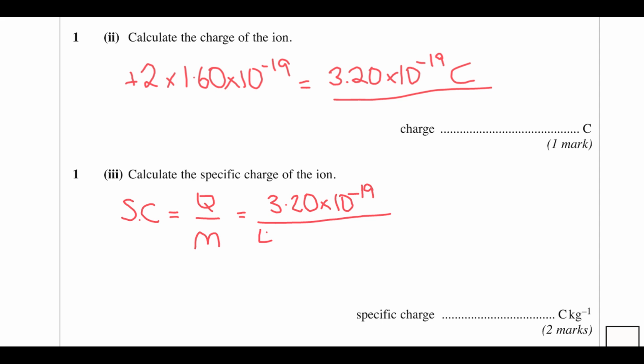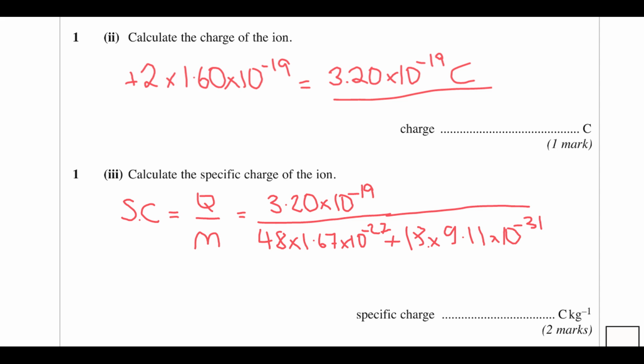So there were 48 nucleons, minus 27, and there were 18 electrons, which quite frankly is not going to make any difference to the mass, given that they're like 20,000 times smaller, but we should have it in there in the calculation because they are a part of the mass.